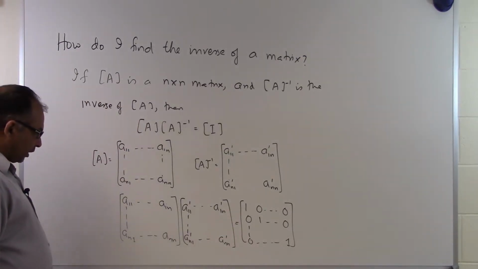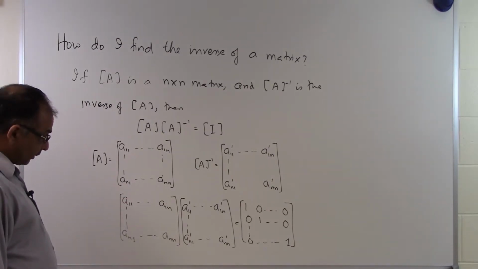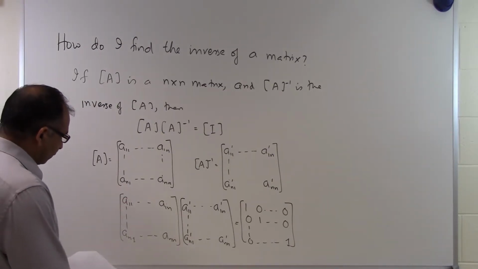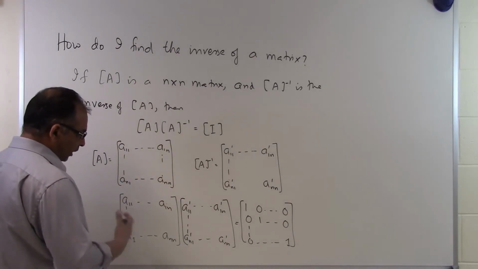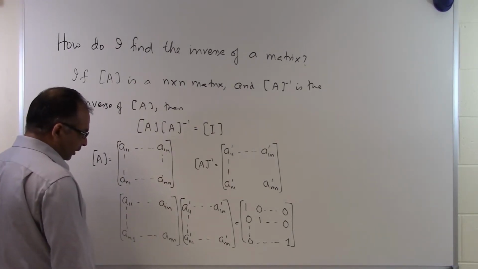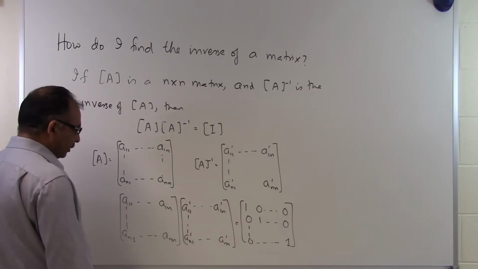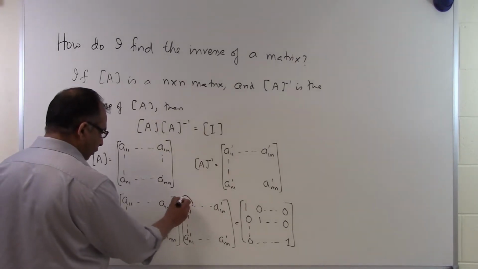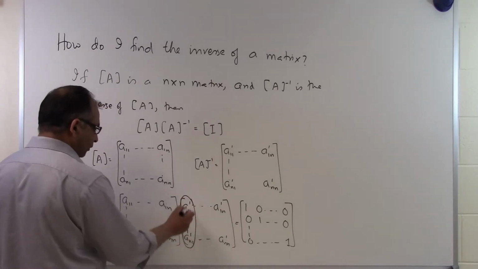So the question arises, how do I find out what the inverse of the matrix is? What I can do is rewrite finding the inverse of the matrix as a system of simultaneous linear equations as follows. Let me take the first column of the inverse matrix.